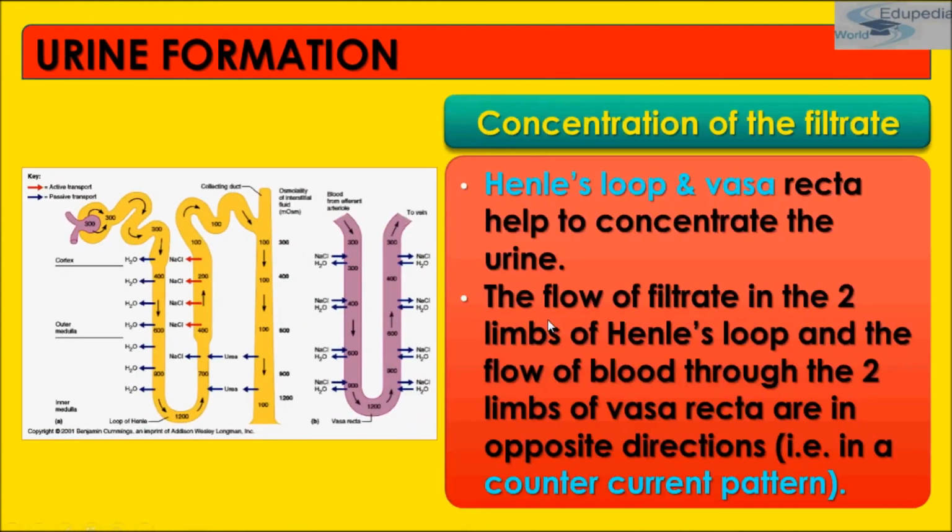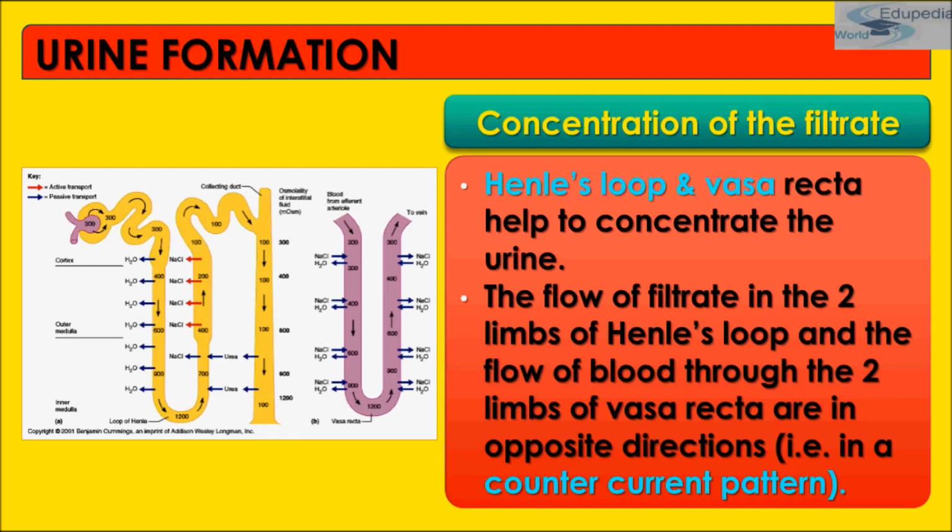Now we'll study the concentration of the filtrate. We know that the glomerular filtrate in the Bowman's capsule is deproteinized plasma and hence is isotonic to blood plasma. In the proximal convoluted tubule, a maximum of about 65% of the reabsorption takes place.